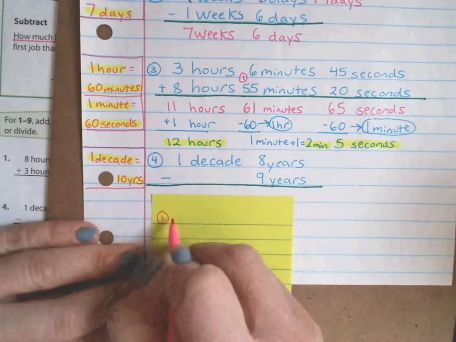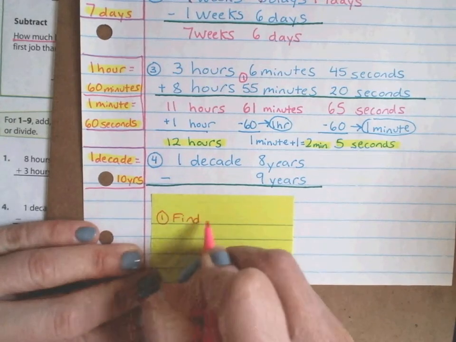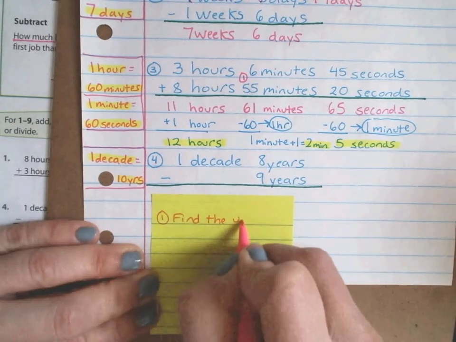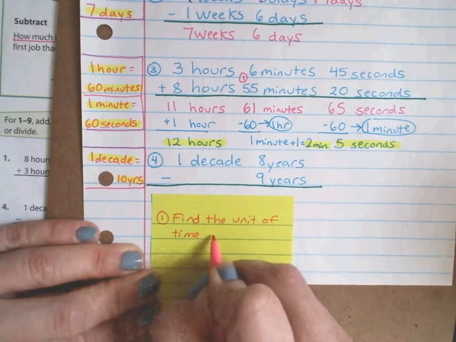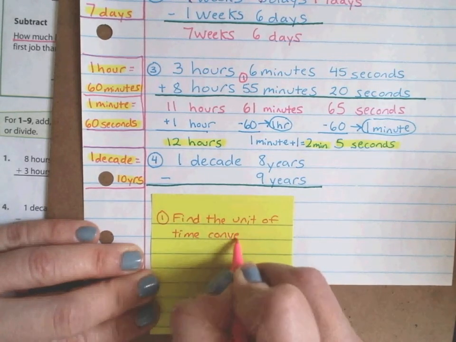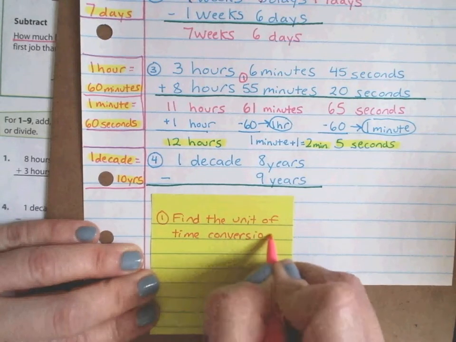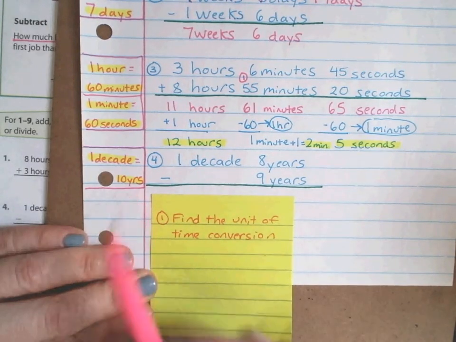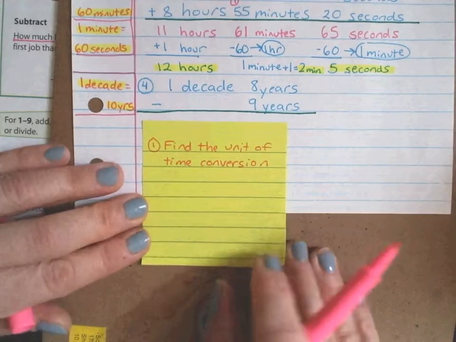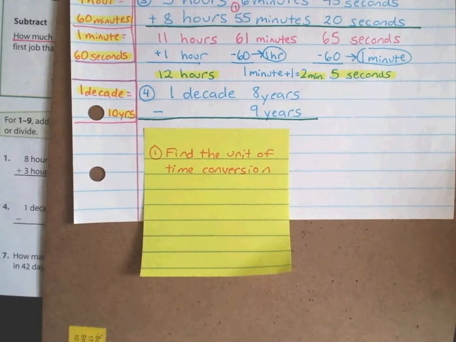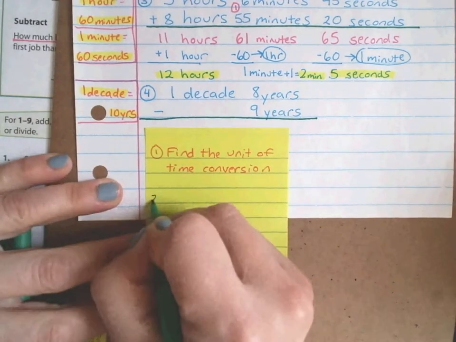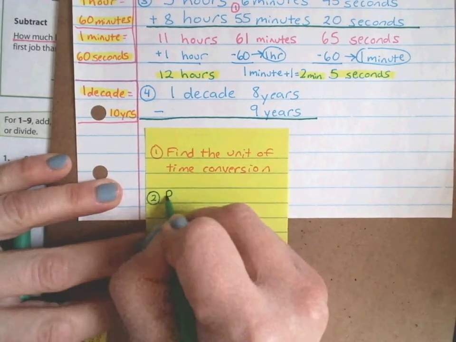So number 1, I'm going to find the unit of time conversion. So that's what I did here. 1 decade is 10 years. And then number 2, I'm going to regroup if necessary.